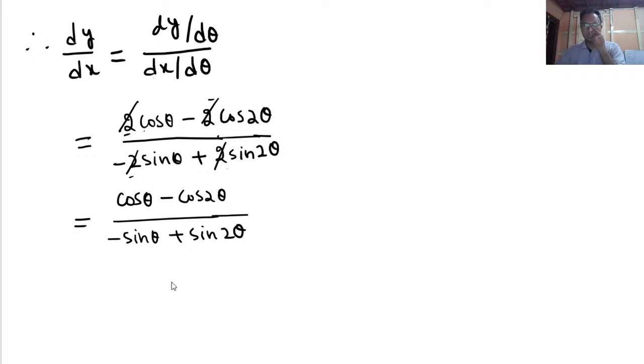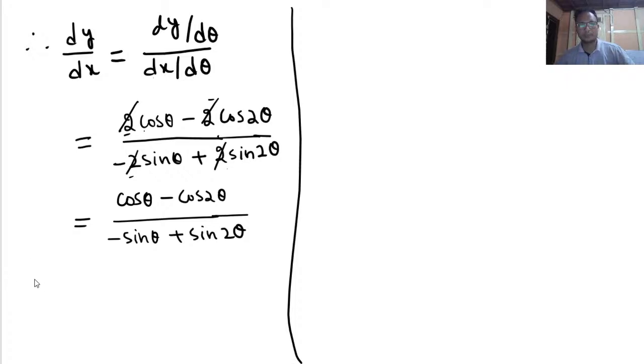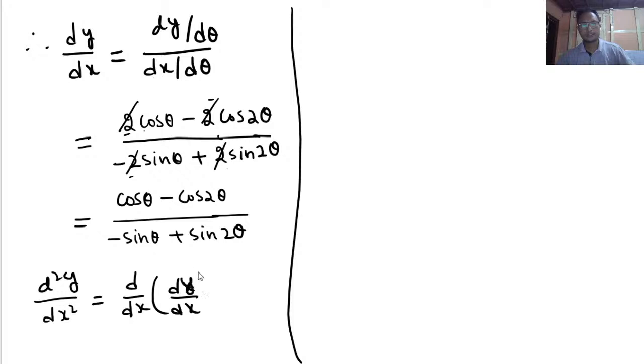Now again we need d2y by dx square. It is nothing but d by dx of dy by dx.